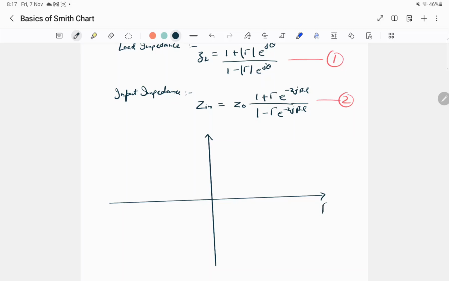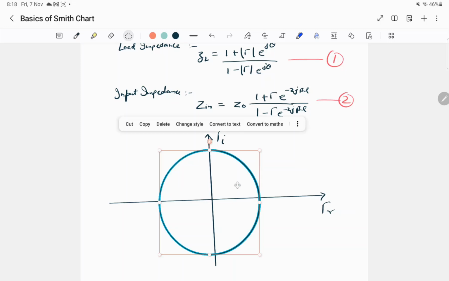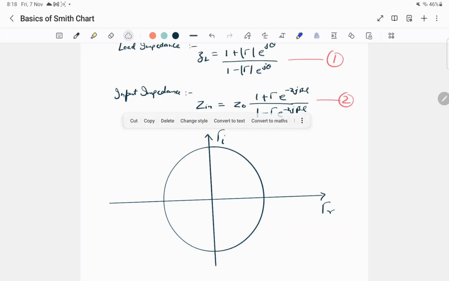The real axis is gamma r, the real part of the reflection coefficient, and the imaginary axis is gamma I, which is the imaginary part of the reflection coefficient. And let us say we have a Smith chart circle. Let me reposition it at the center. So this is our Smith chart circle.